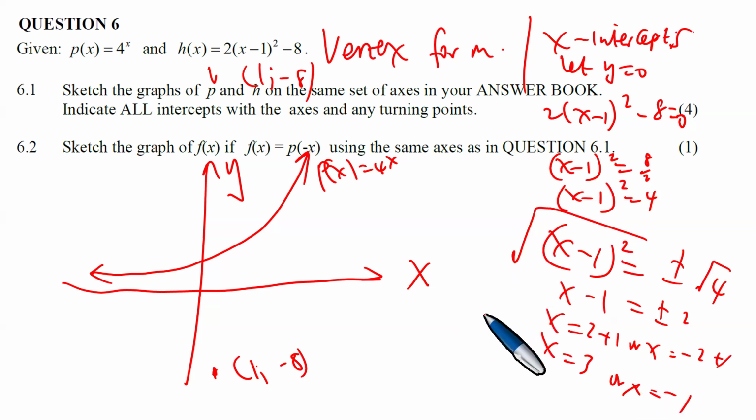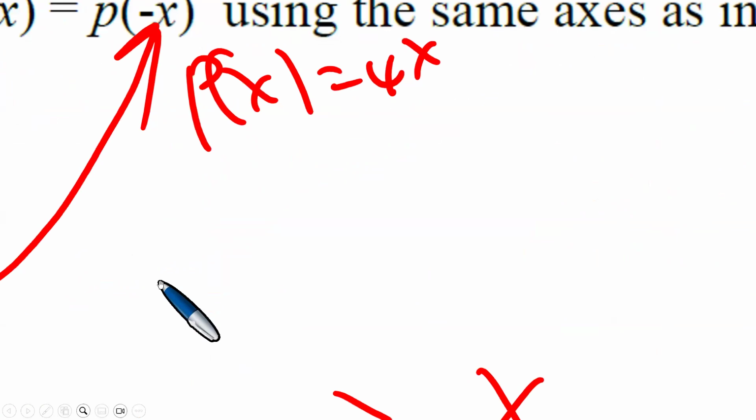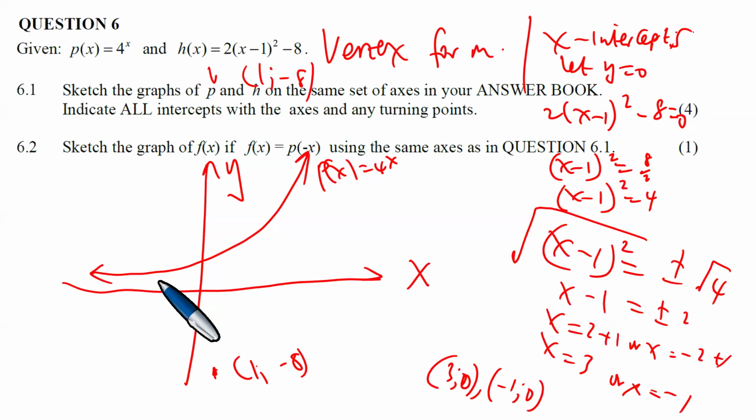This is going to give us the x-intercepts: when x is 3, y is 0, and when x is minus 1, y is 0. So this would be exactly what we have here. And now when x is 0, you're going to get the y-intercept.